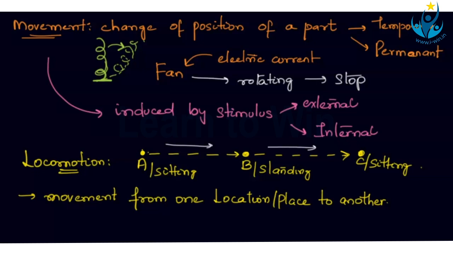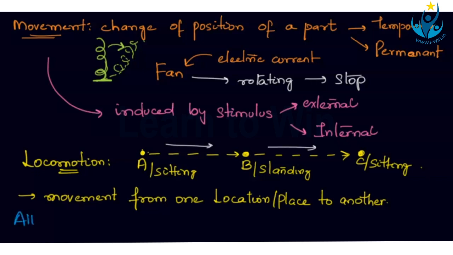Similarly, you can see it when you're riding a bicycle, or when you're throwing a ball. All of these are voluntary movements. So locomotion is a kind of movement from one place to another, whereas in general, when we say movement, it is basically change in the position of a part. Please understand that all locomotions can be called movements.